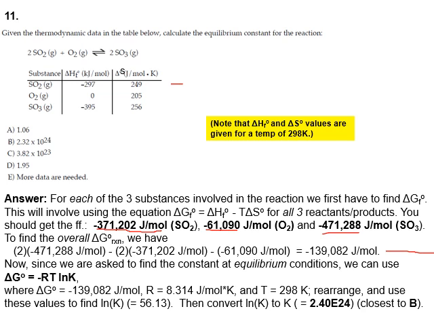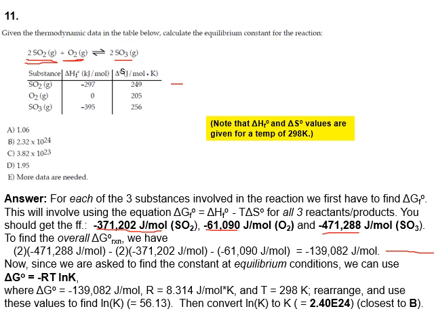So 2 times minus 471, which is this right here, minus 2 times 371, which is this item right here, and then minus 61,000, which is this item right here.